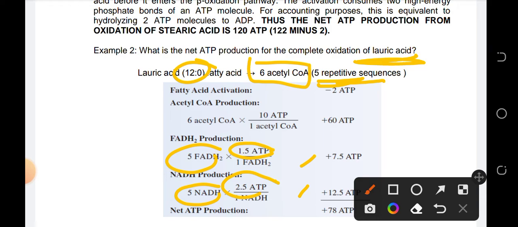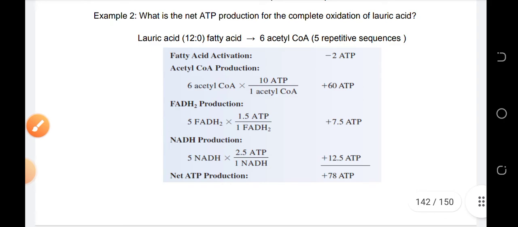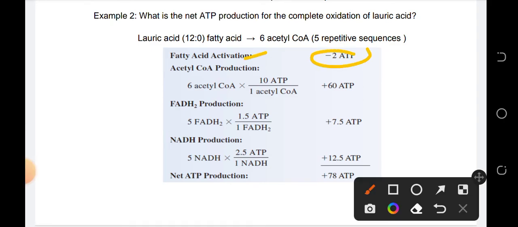So we have here the products. And of course, that 6 acetyl-CoA will enter Krebs cycle and the factor is 10 ATP. So all in all, with minus 2 during the fatty acid activation, kaya total ay 78 ATP.